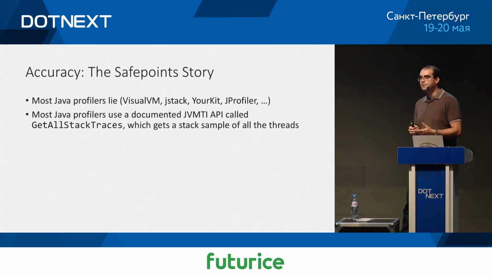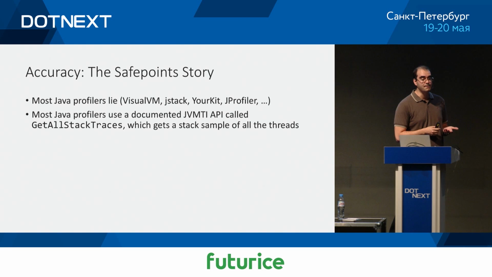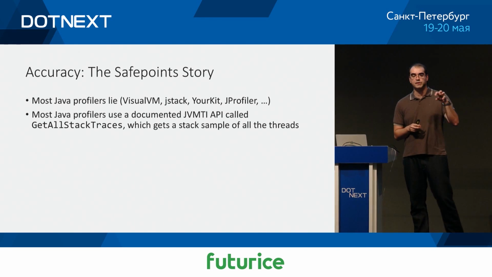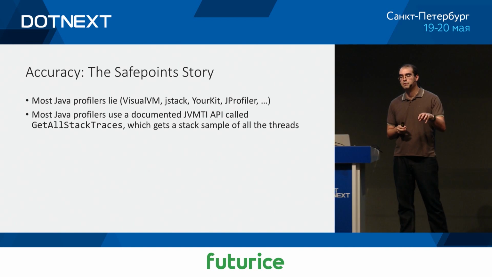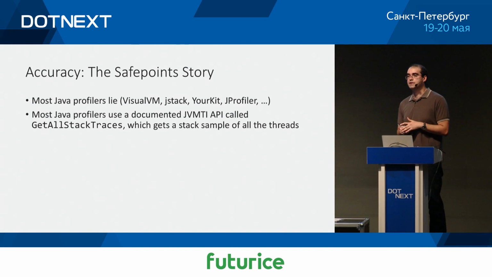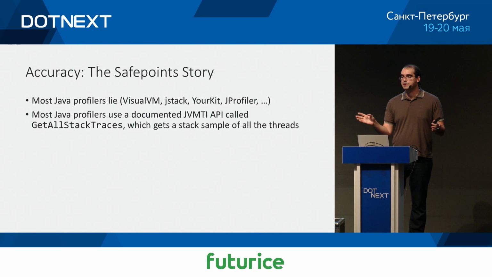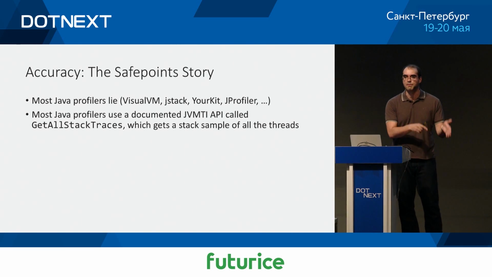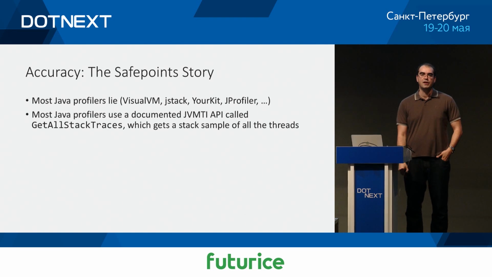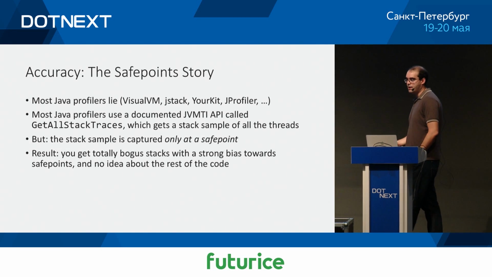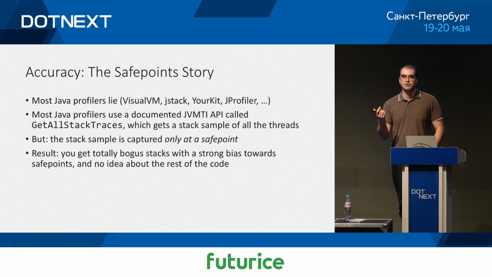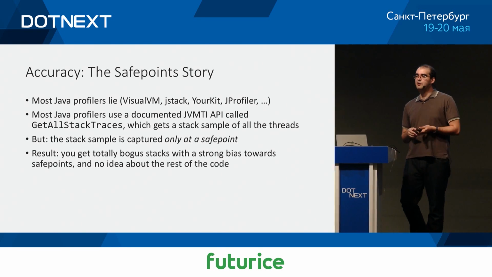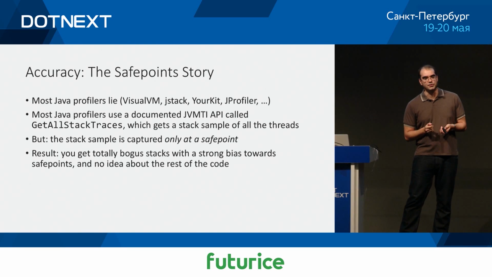And the reason is, they use a documented API called getAllStackTraces, which gives you a sample of what each thread is doing on the system when you call that function. The advantage is it's cross-platform. You can run a profiler that works on Windows, on Linux, on Mac, on any platform that runs Java. The disadvantage is that you get the actual stack sample of your threads only when all the threads are at a safe point.